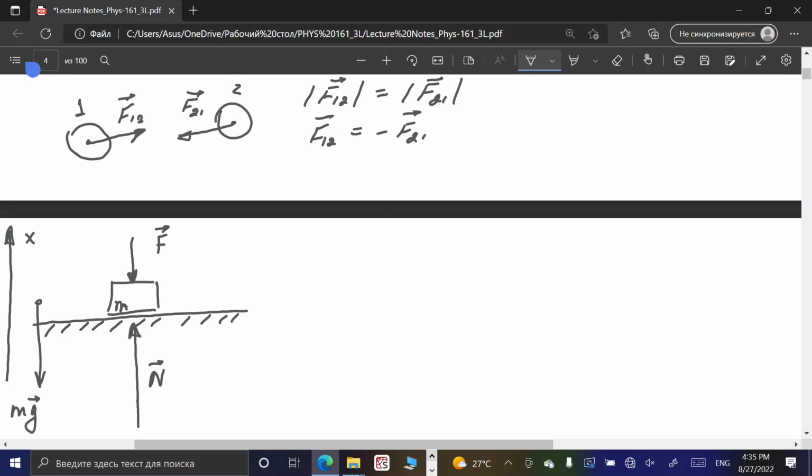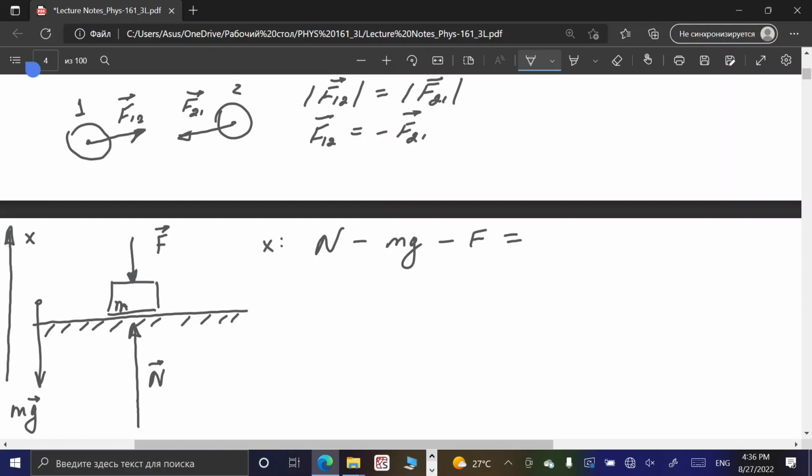So if we consider that this block doesn't move anywhere, we can write for direction of axis x. What is positive here? Positive here is reaction N, because it coincides with the positive direction of axis x. So we can write N minus m times g, because this weight is directed downwards, opposite direction of axis x, and also minus F, this exerted force on top of the block.